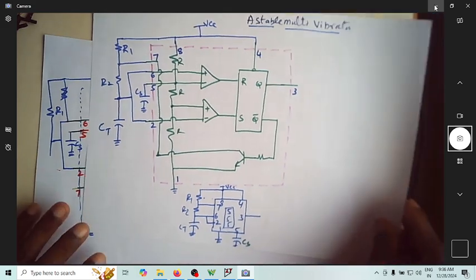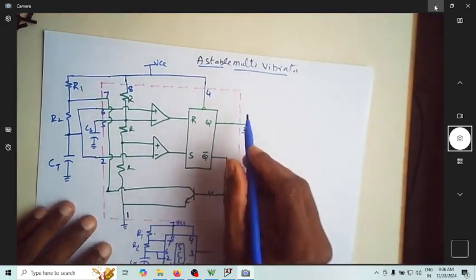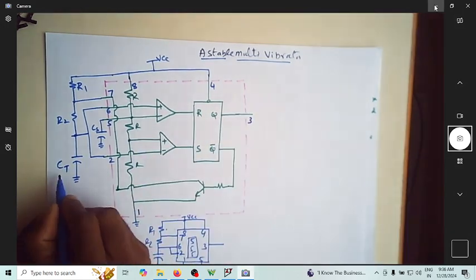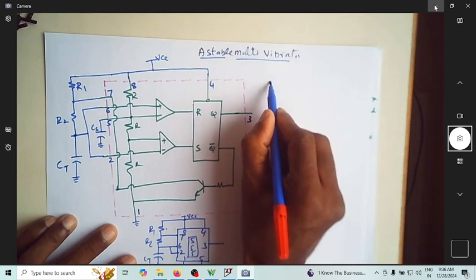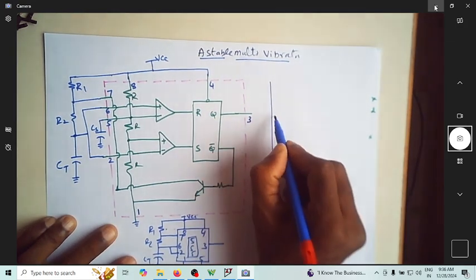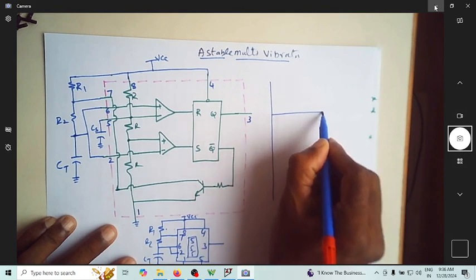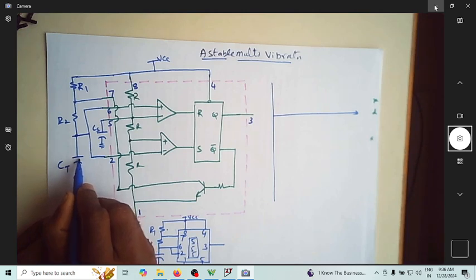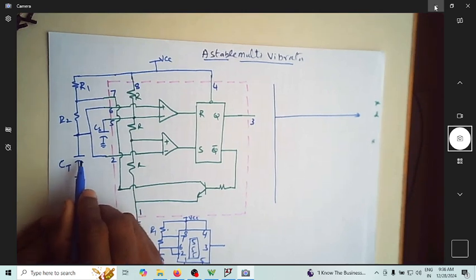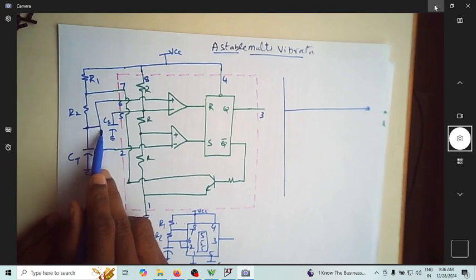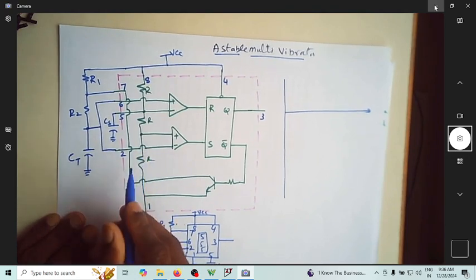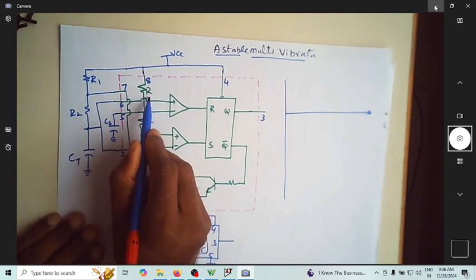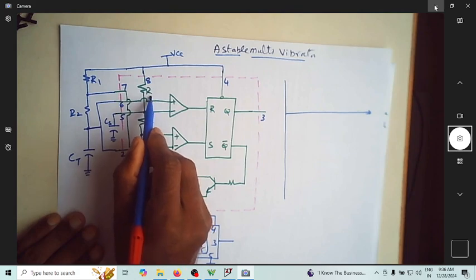Let us see its operation now. Assume the capacitor voltage is initially 0. Since it is 0, you can see that 0 volt goes here, and the same 0 goes here.